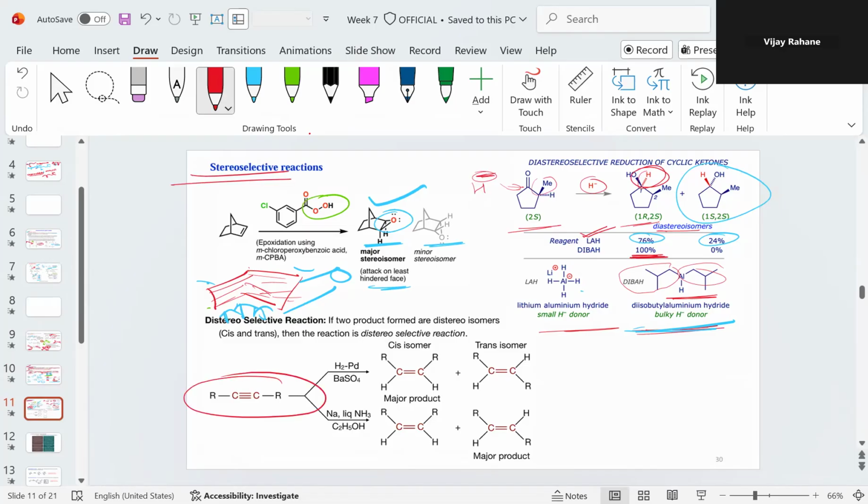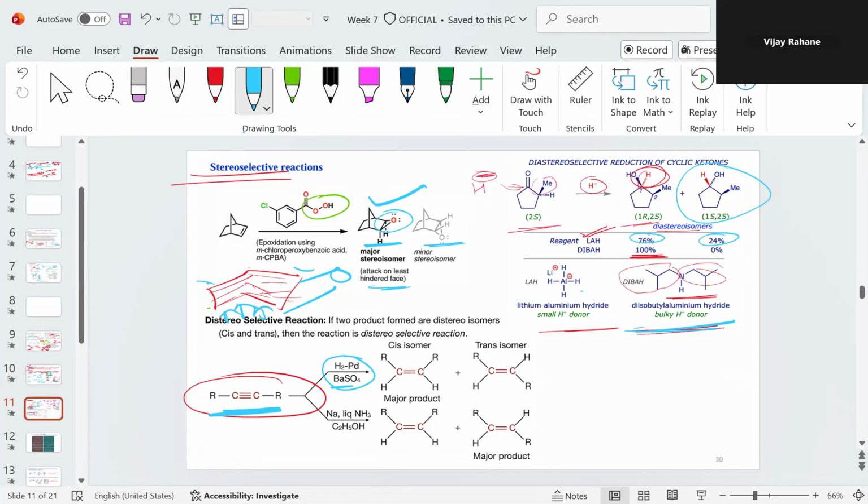Now take another example. Let's say you perform a reduction reaction on an alkyne molecule, RC triple bond CR, and we are doing the H2 palladium based reduction, and BaSO4 has been added. In this reaction condition, the reaction stops at the alkene stage, and does not go to the alkane.